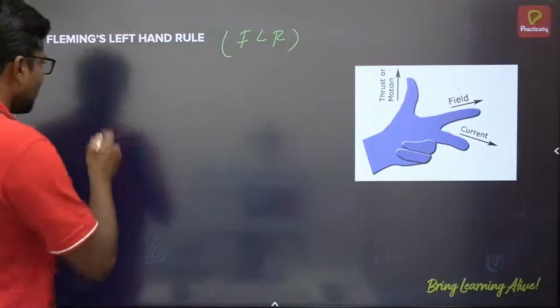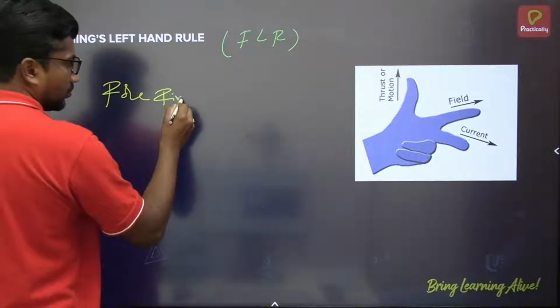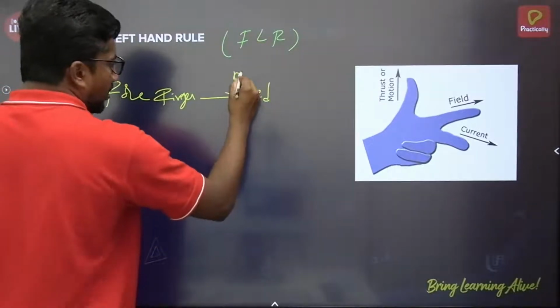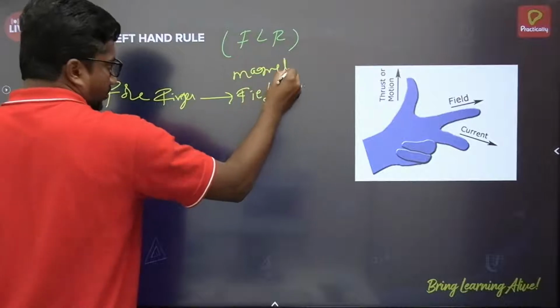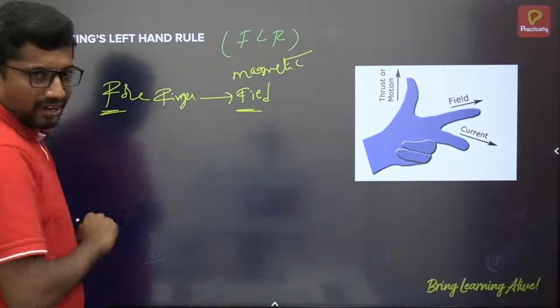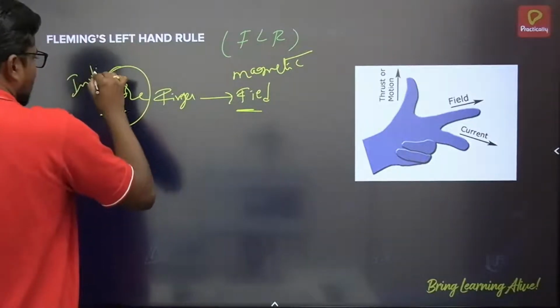So see here, you can remember the forefinger like this: F for field. Which field? Magnetic field. So F for field, forefinger, or you can say index finger, however you remember.